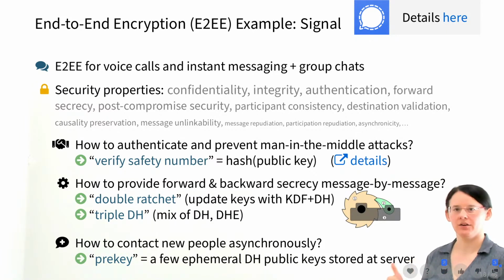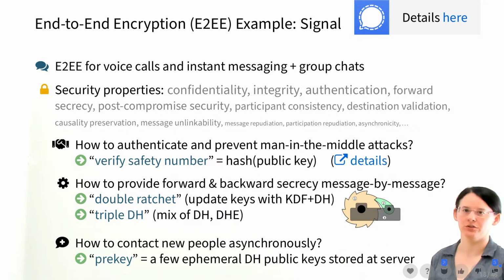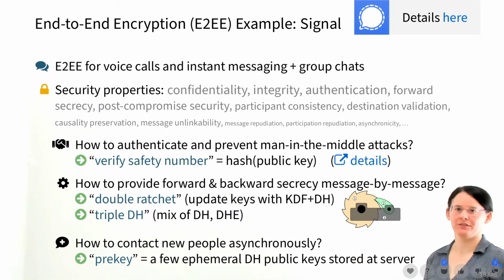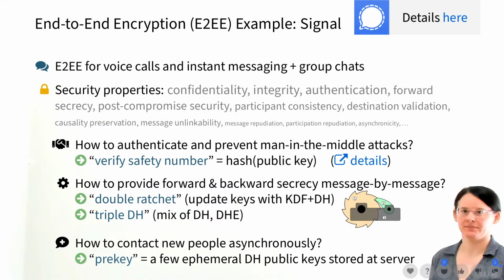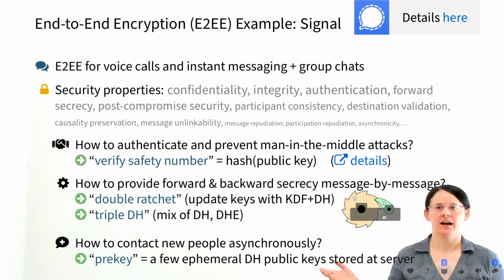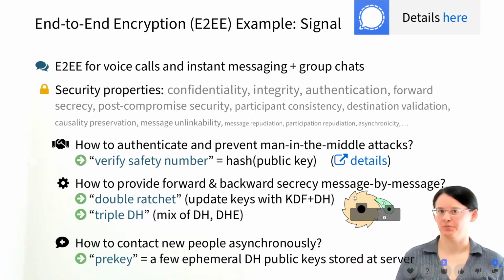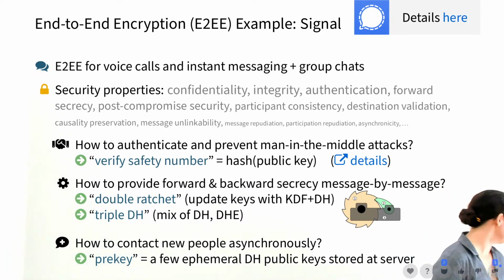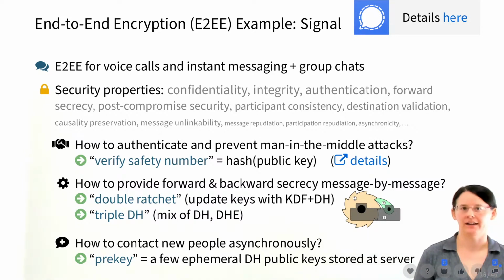So the pre-key on the server is invalidated, maybe I put a new one there, and I also throw away my private key to make it ephemeral. So these are pre-keys, and they are responsible for getting this asynchronicity into the protocol, being able to communicate even though one party is not online.